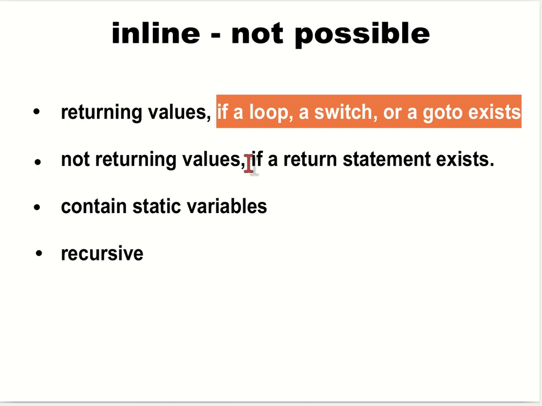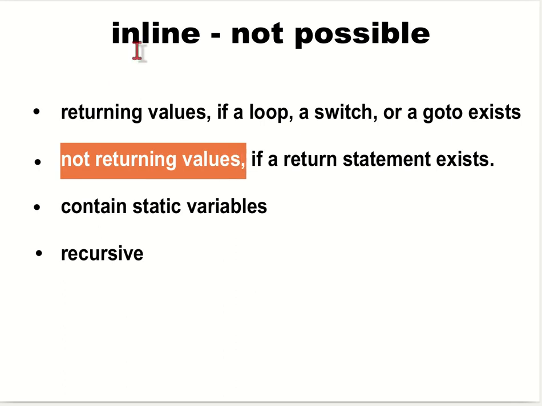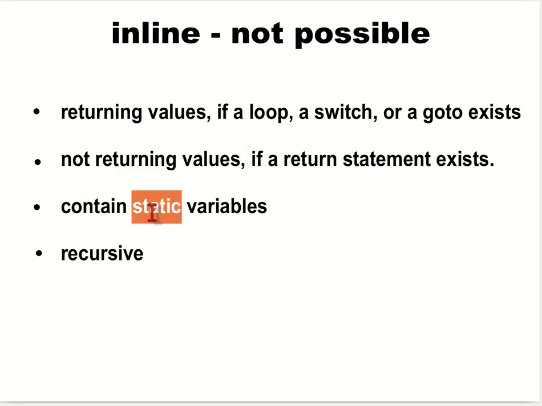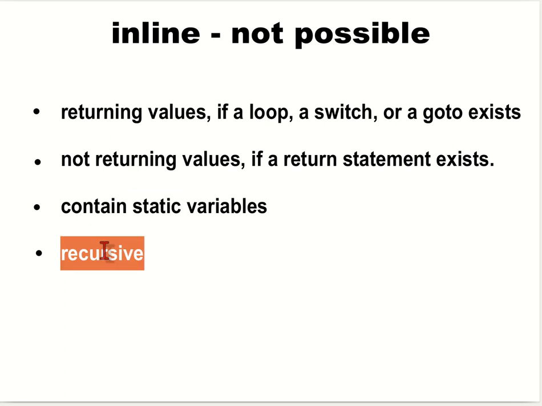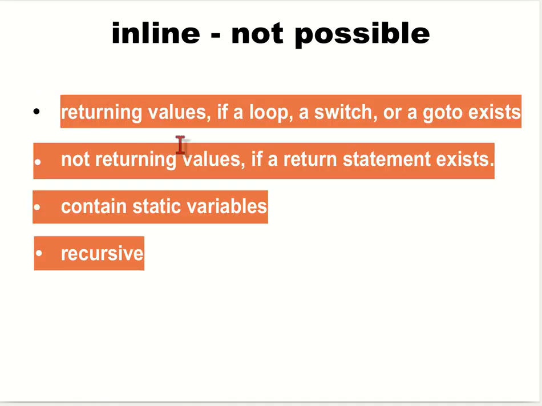If the return statement exists, then it's okay. If it is not returning values, it cannot become an inline function. If it contains a static variable, we cannot make it inline. If it is a recursive function, it cannot be made inline. These are the things we have to check while making an inline function.